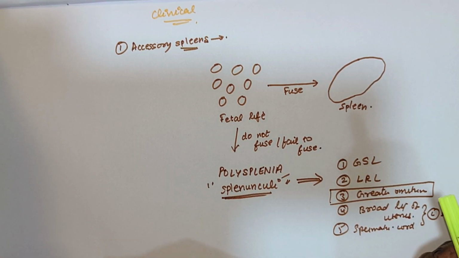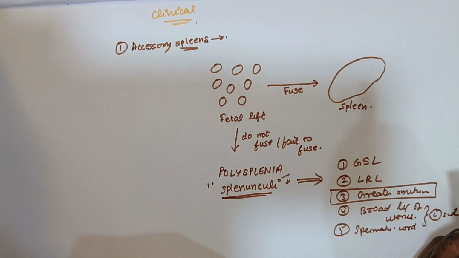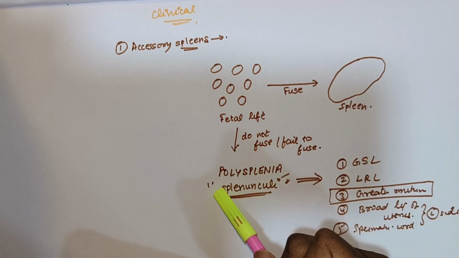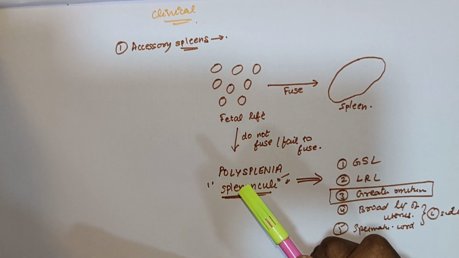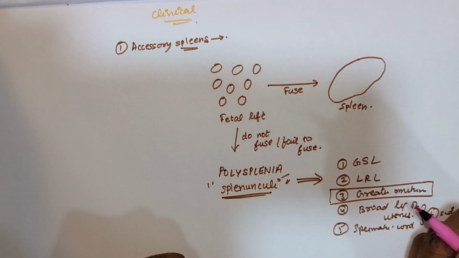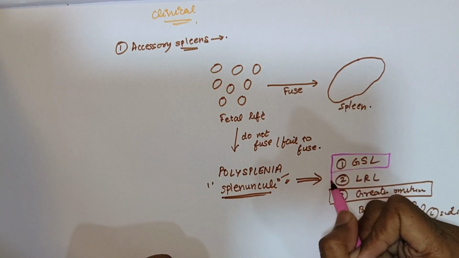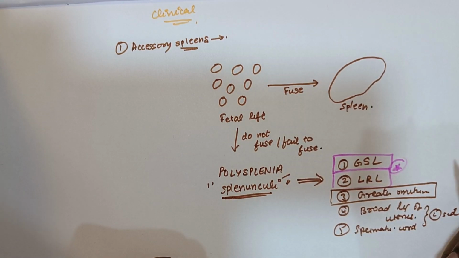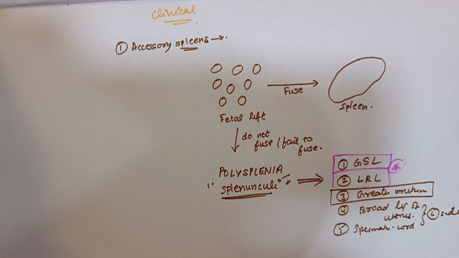Now, if you ever get a question asking you about the most common site for polysplenia or splenunculi, or the commonest site of accessory spleen, then the answer will be the gastrosplenic ligament and lienorenal ligament, followed by the greater omentum of the stomach. So do not forget this.